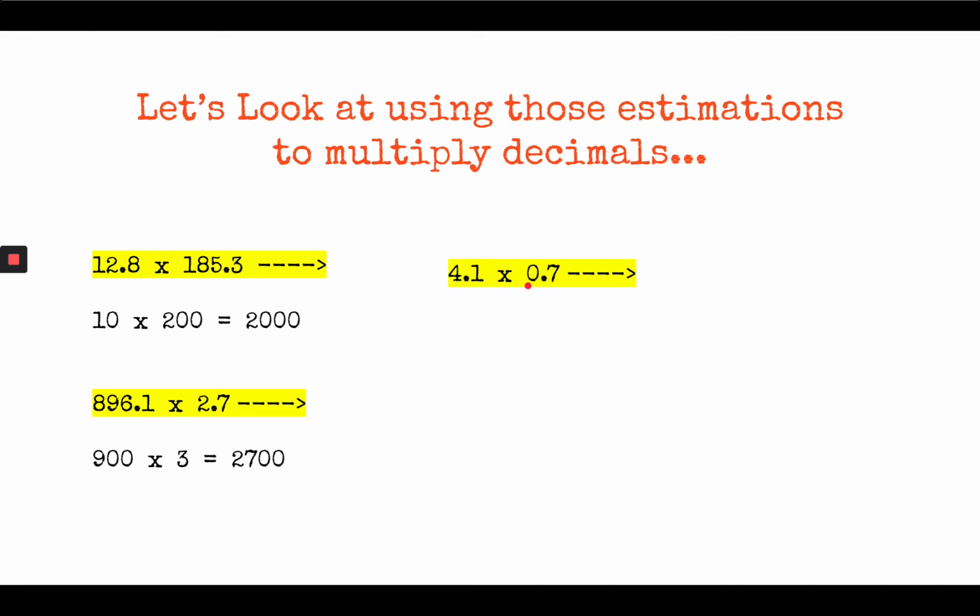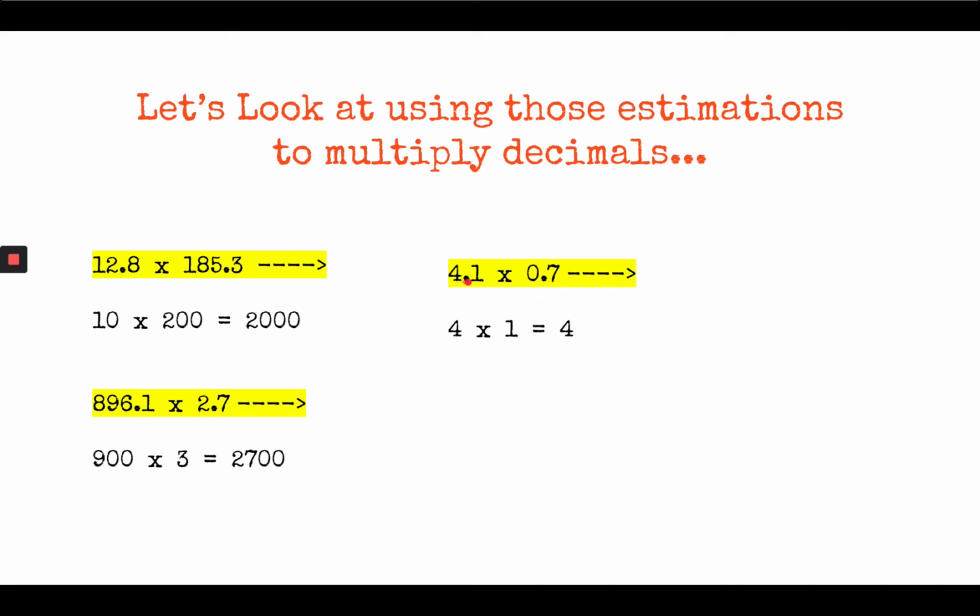4.1 times 0.7. I bet you know this one, huh? 4.1 can round to, what do you think? Maybe 4. And 0.7, well, that can round to 1. Let's see. 4 times 1 is 4. These are our estimations, okay?